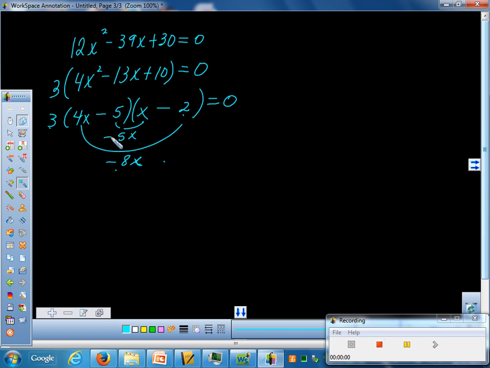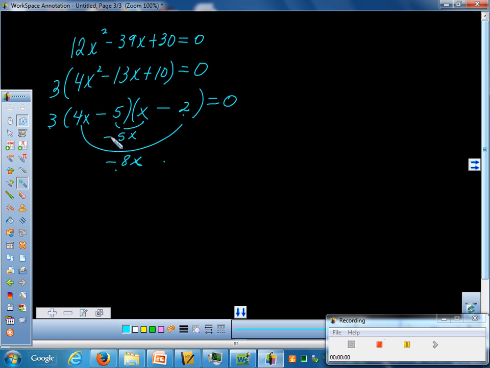Then we had a debate last block. When I go to solve this, do I do something with the 3? Do I have to set it equal to 0? You can't, it's non-variable. If that was 3x, then yes, you would set it equal to 0. Since it's just a 3, it actually is having no impact here.